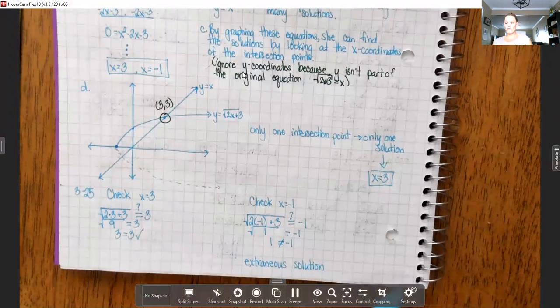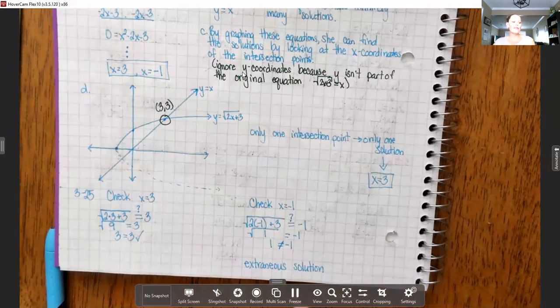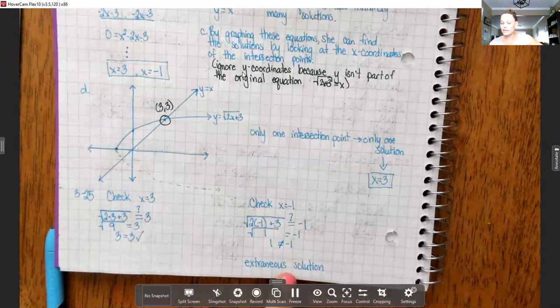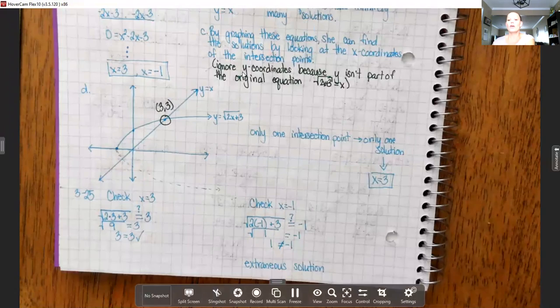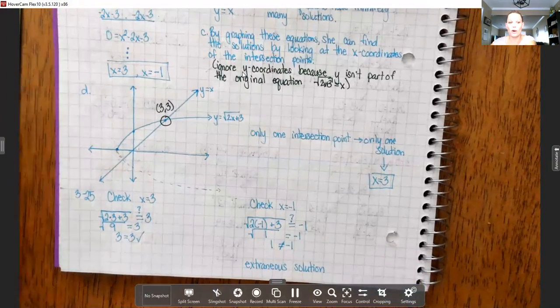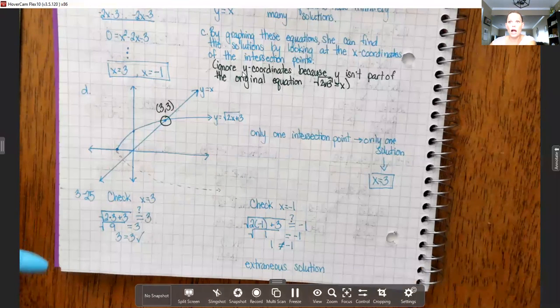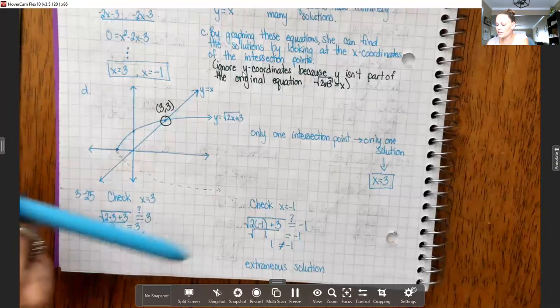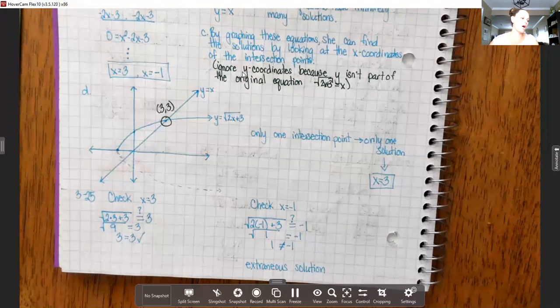So from this point forward, it's implied that you need to check all of your solutions, because some of them will be extraneous. Problems that typically have extraneous solutions are often square root problems, sometimes absolute value problems. I know there's another one, I just can't think of it right now. But that's where you're going to see them most commonly.